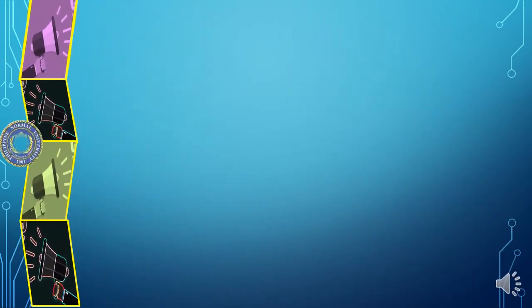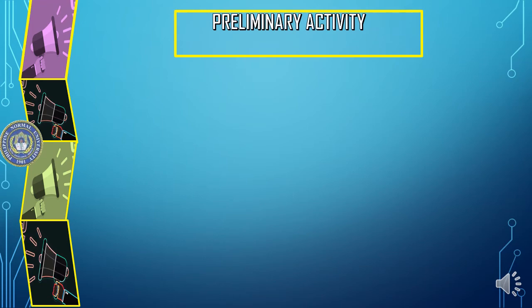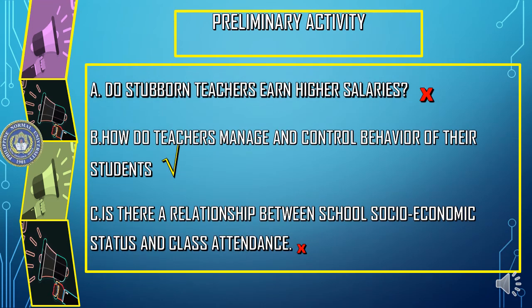We are going to answer our preliminary activity. So please check your answer. Okay, so our first example is definitely not an example of a qualitative research statement or research question, because that is not an open-ended question, but is answerable by yes or no, or close-ended.